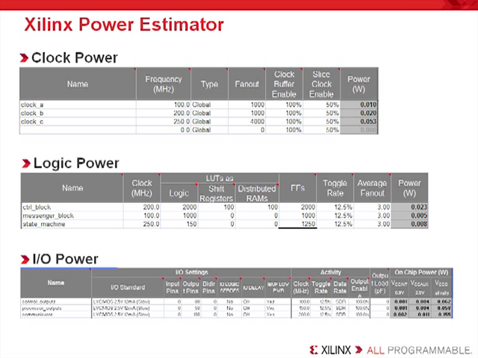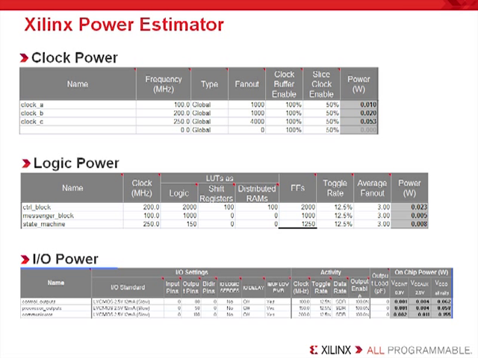This slide shows you how your clock, logic, and I/O resources can be customized. The clock tree power consumption is dependent on the distributed clock frequency, fan-out, and use of the global buffer. That is, specifically if the clock buffer enable is used. The logic power estimate requires clock frequency, number of logic resources by type.